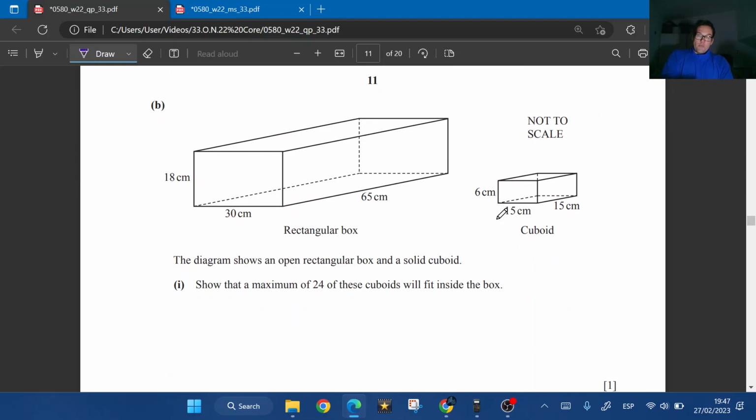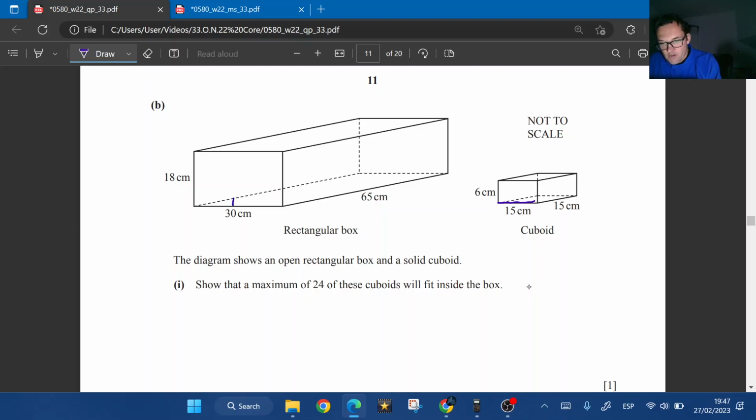Right, we're on to this box and a solid cuboid next to it. Show that the maximum of 24 of these cuboids will fit inside the box. Alright, this is not volume, really. It's more about practicality. Think about this. If you're going to pack these boxes, put it in flat, that's 15, that's 30.